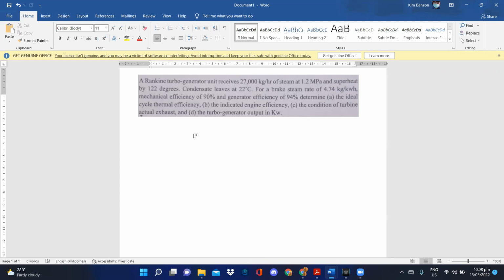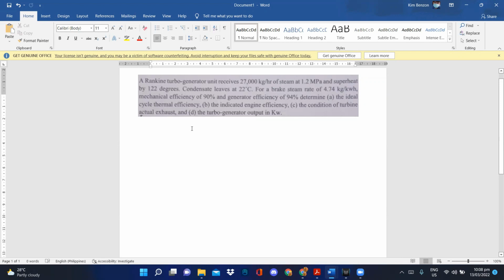For a brake steam rate of 4.74 kg per kilowatt-hour, mechanical efficiency of 90% and generator efficiency of 94%, we have to determine the ideal cycle thermal efficiency, indicated engine efficiency, the condition of turbine actual exhaust, and the turbo generator output in kilowatts.